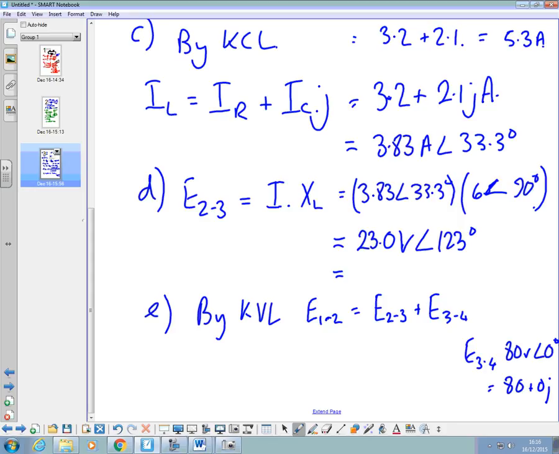Because your calculator will add polar values, will it? I'd sort of be expecting you to show me that you know what you're doing. Alright, so let's convert this one to rectangular.